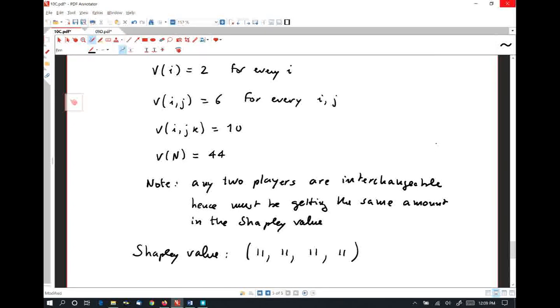So there are these two different approaches in cooperative game theory, and if you're interested, you can look up some reference in general cooperative game theory. So this concludes the topic of cooperative game theory.